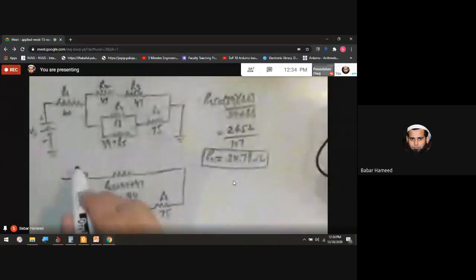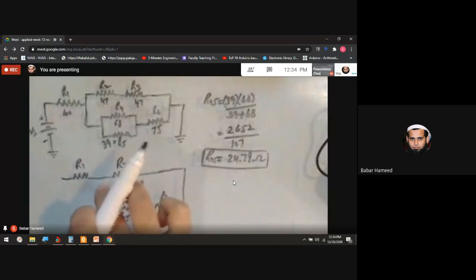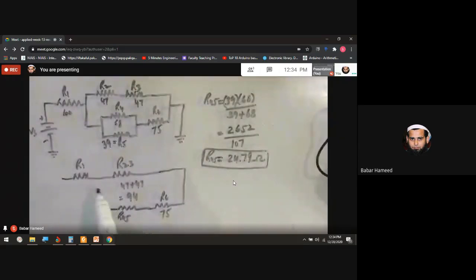So it is R1, it is R23, it is R6, R45. I think this can be connected like this.